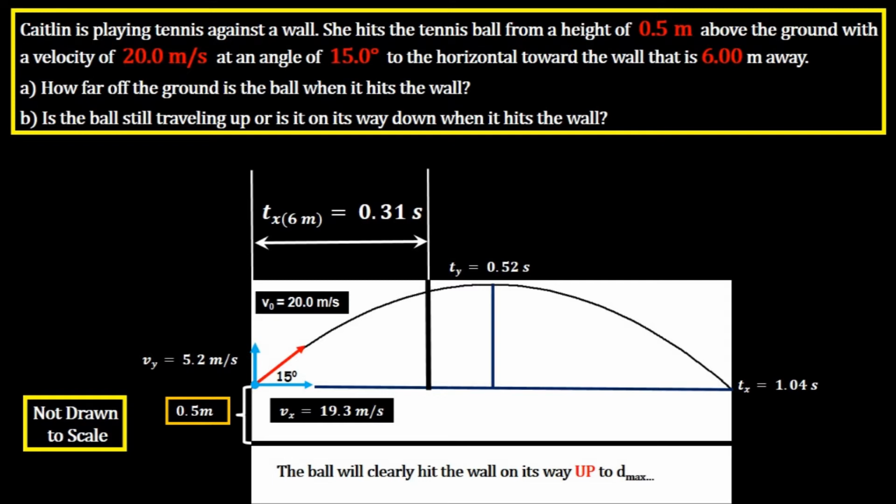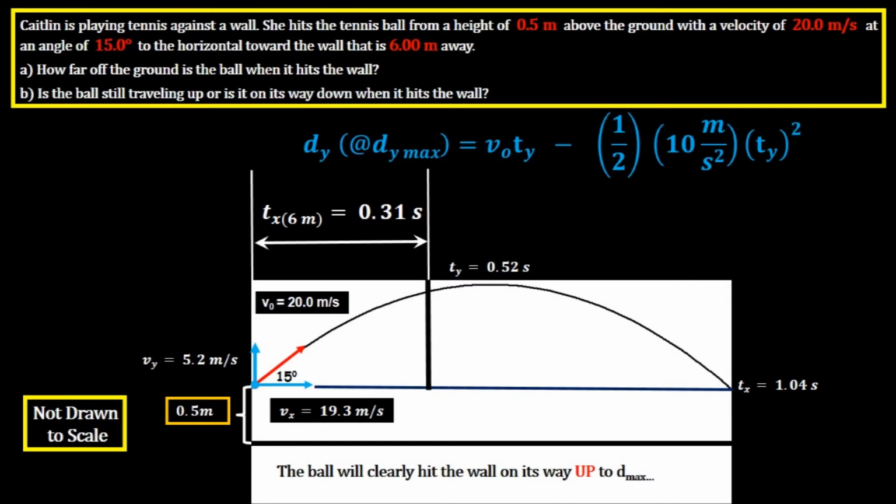Now that I have the horizontal distance, what I have to do is find two distances. I want to find the vertical distance, dy at dy max, and I also want to find the vertical height at 0.31 seconds.